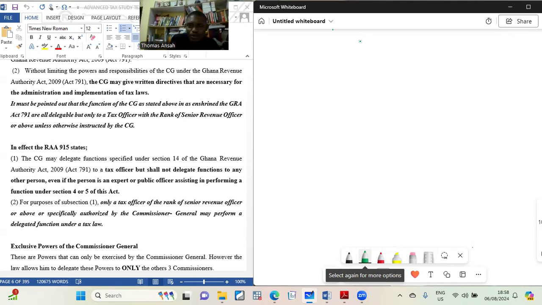So when it comes to the Commissioner General's delegatable functions, we have those that he can only delegate to the three commissioners.